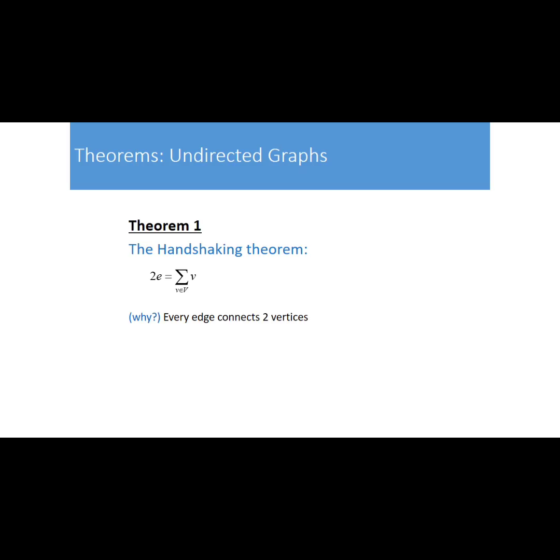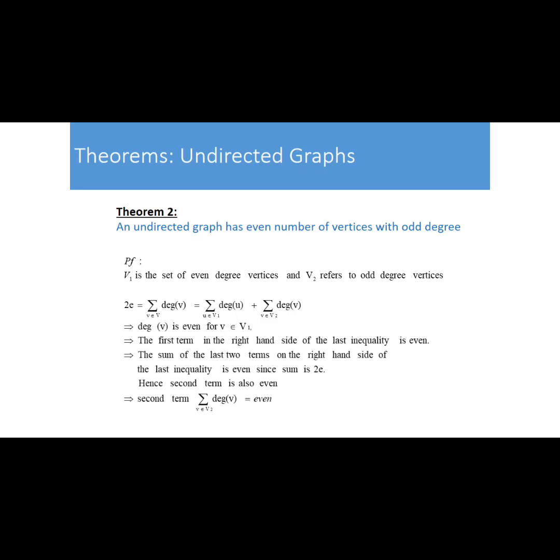It is 2e, the number of edges multiplied by 2. That is the answer for the summation of degrees of vertices in that particular graph. Every edge connects 2 vertices, that is why 2e. The summation of degrees of all the vertices of an undirected graph is always 2 times the number of edges of the given graph.